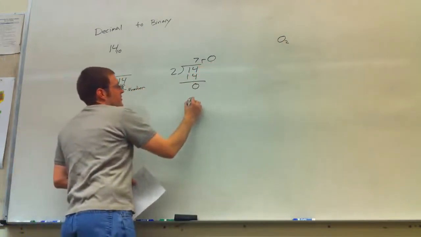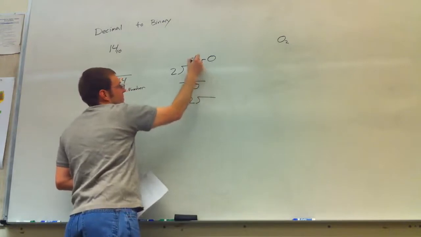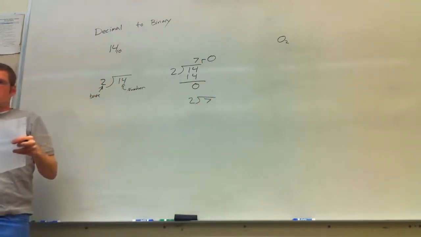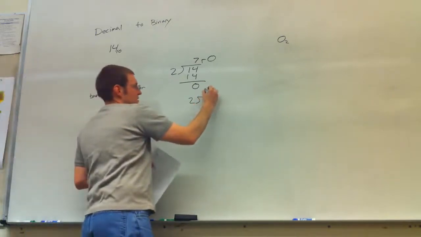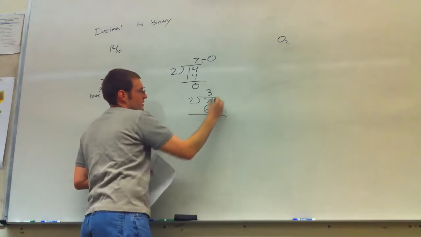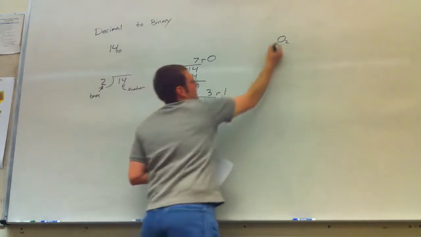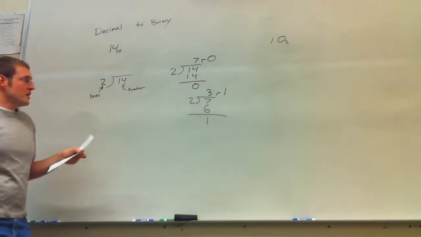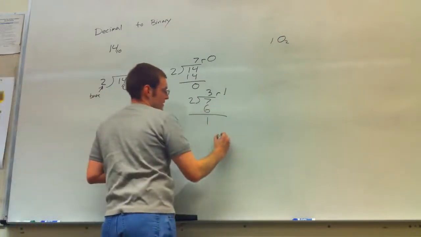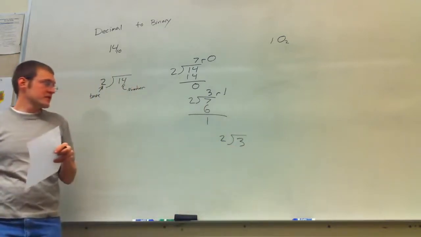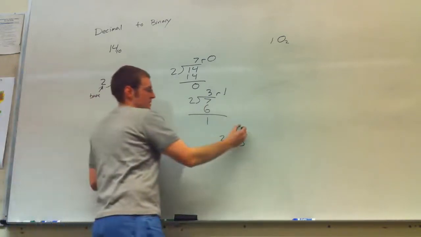So then now I go 2, then I take this number here and put 7 here. 2 goes into 7 3 times. So we get 3 times 2 is 6. So we get a remainder of 1. So then I put the 1 next to it. So now I take 3. 2 goes into 3 one time.